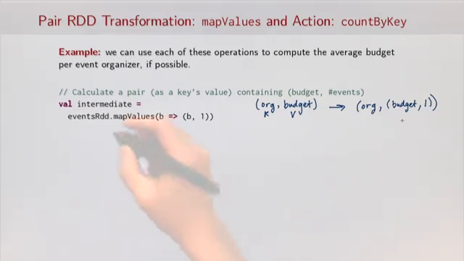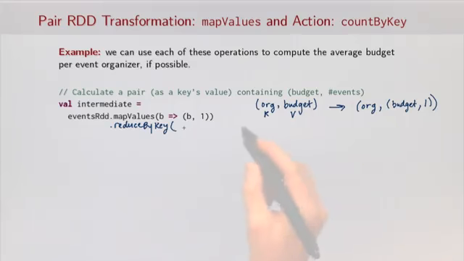Now let's use reduceByKey to return a pair RDD whose value is another pair representing an organization's total budget and the total number of events that this organization is organizing. So now what we want is this here, this budget and events, we want this to be the result that we get back from this reduceByKey.